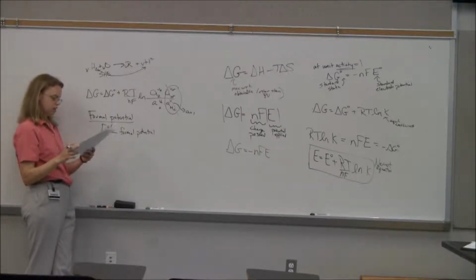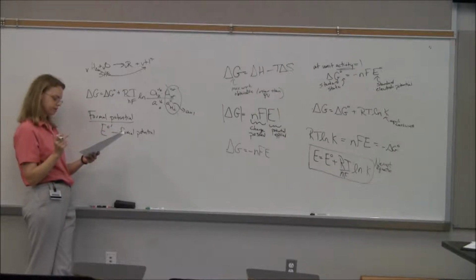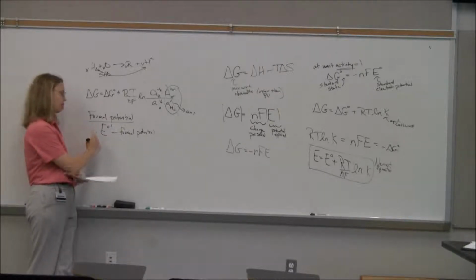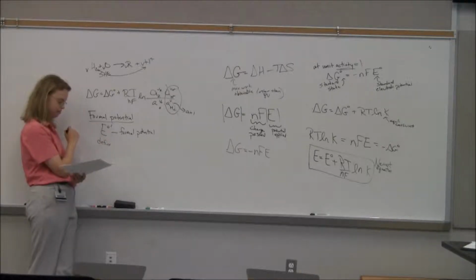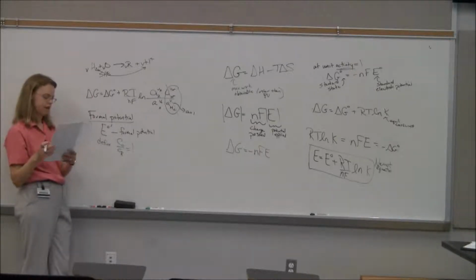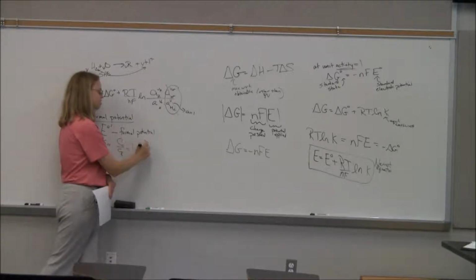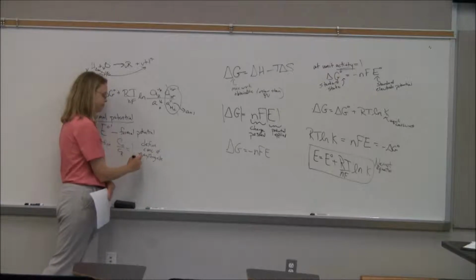Here we're going to define not the activity coefficient as 1, we're going to define it as something else, and then we have to define the concentration of everything else, meaning you have to define the concentration of the electron.